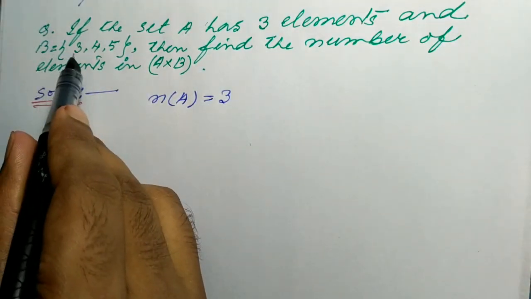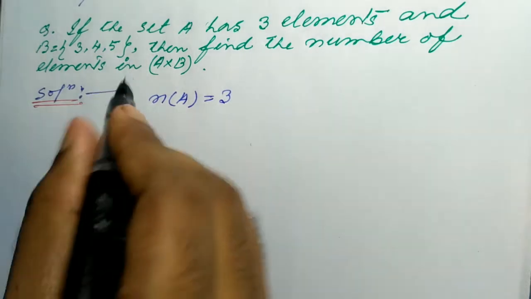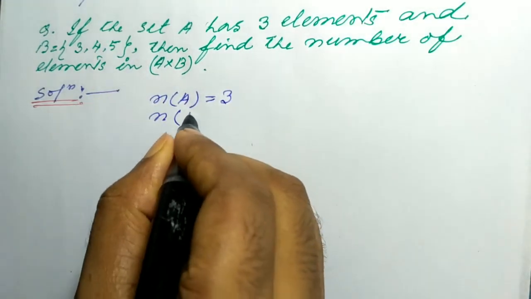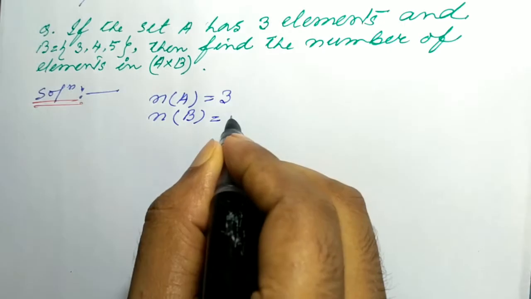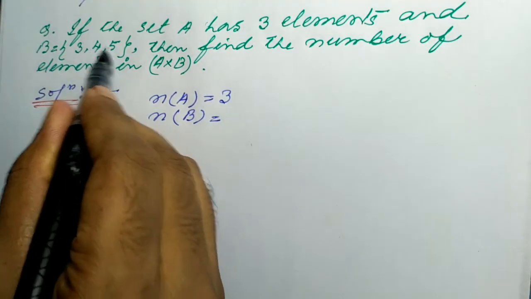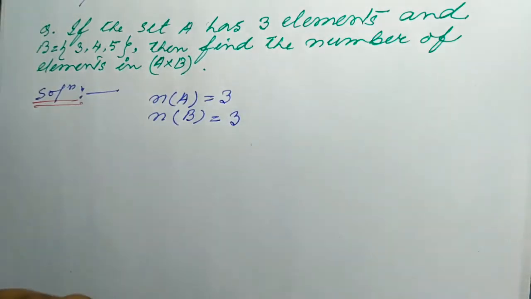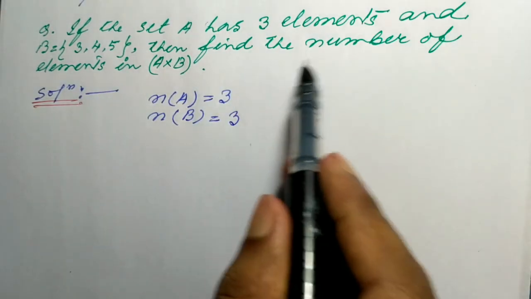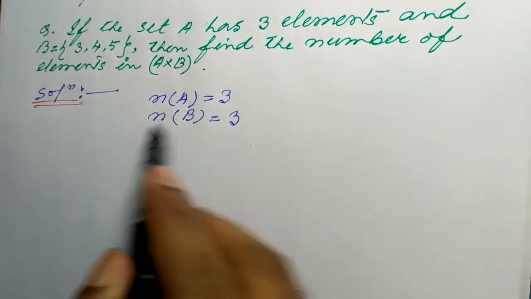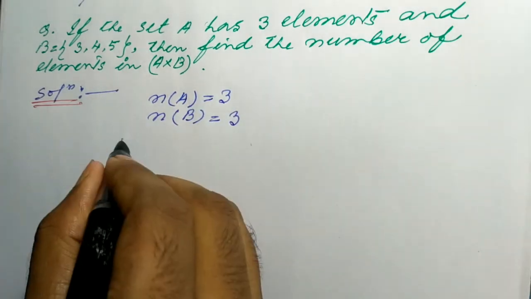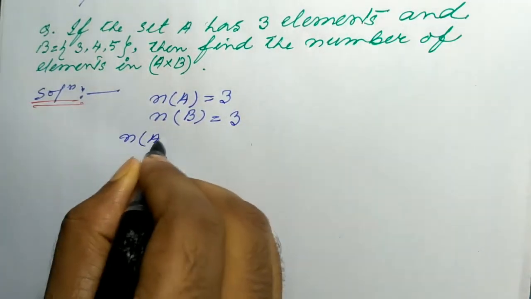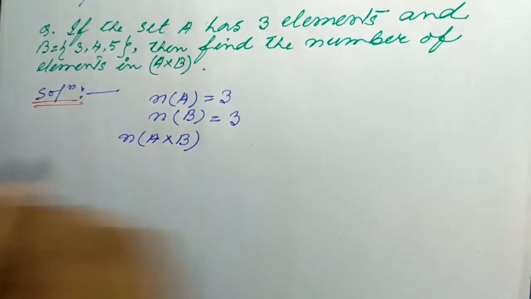Also given B equals {3, 4, 5}. Therefore the number of elements in B is also 3, that is 1, 2, 3. Also 3 elements. Then we have to find the number of elements in A × B.